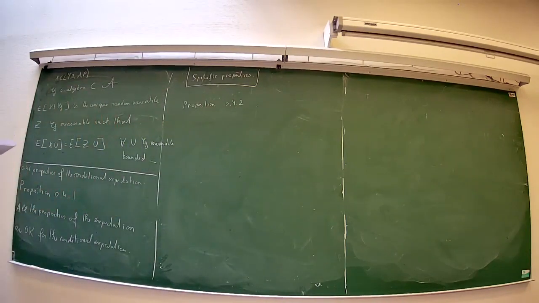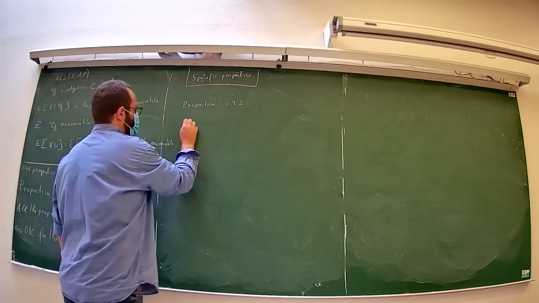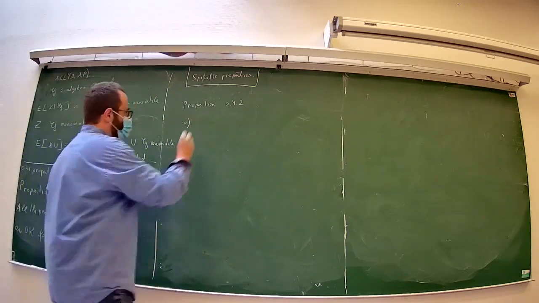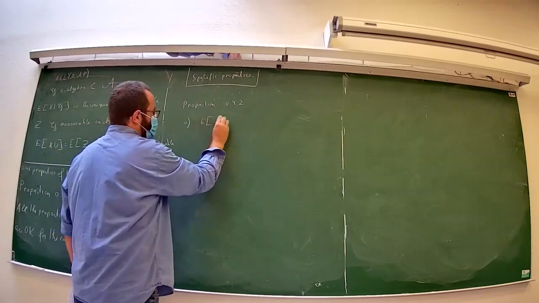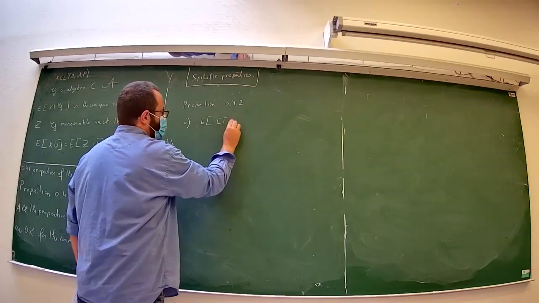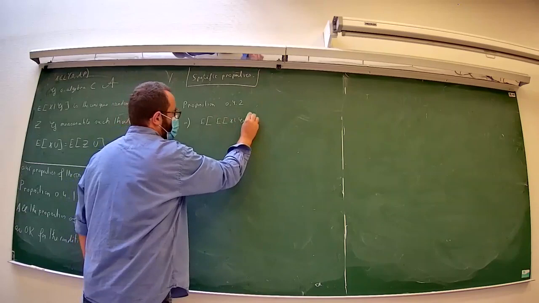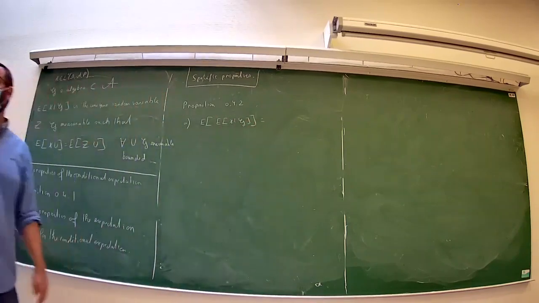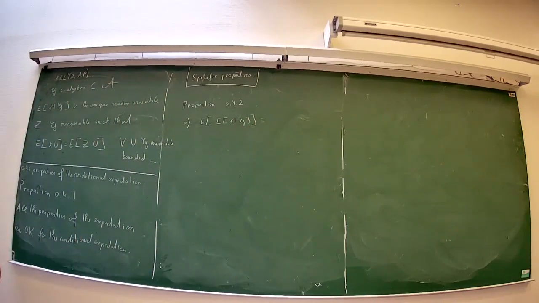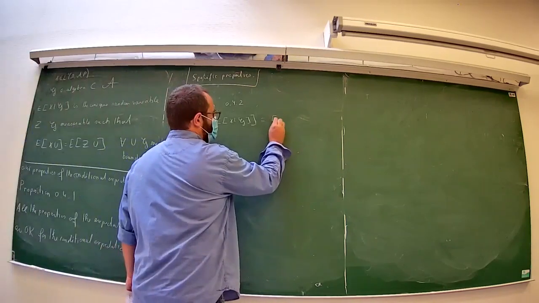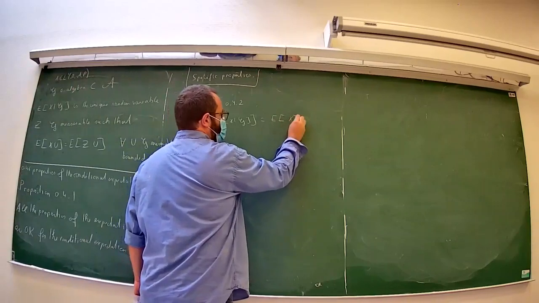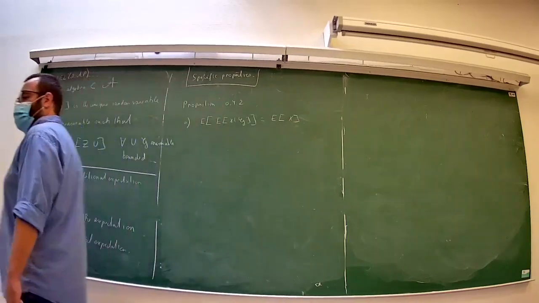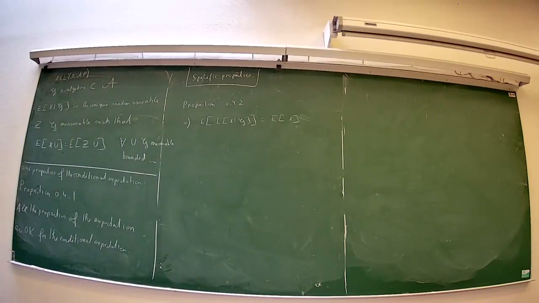First, the expectation of the conditional expectation is equal to the expectation of x. The conditional expectation and the random variable itself have the same expectation. My question is why?